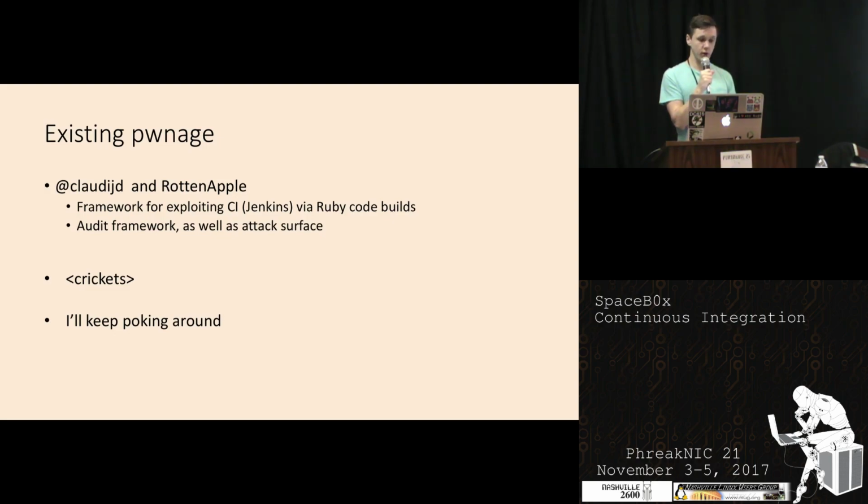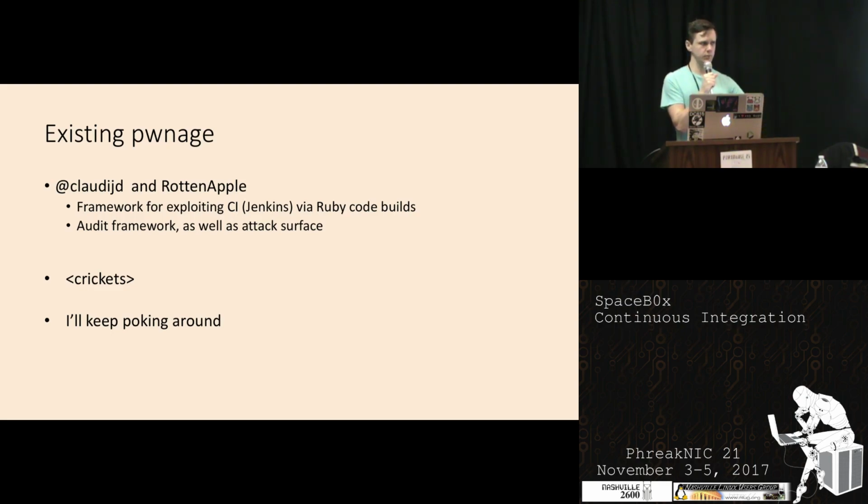Before, there is an older project, I think by Jonathan Claudius. I think he was at Mozilla. I'm not sure where he is now, or maybe he's at Mozilla now. I don't know. But in his spare time, he did this project called Rotten Apple. It was written in Ruby, and it did kind of what I tried to do with my exploit framework to an extent.